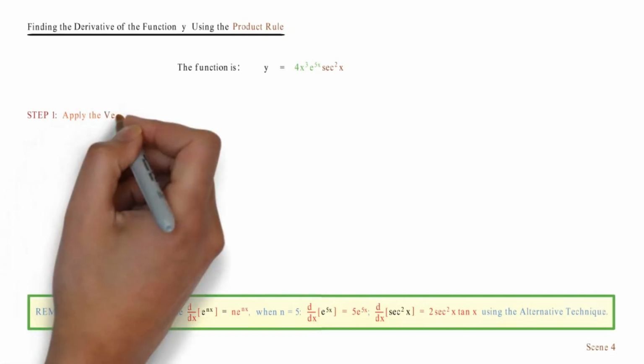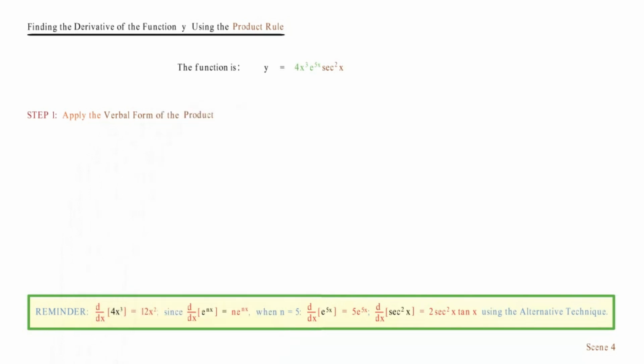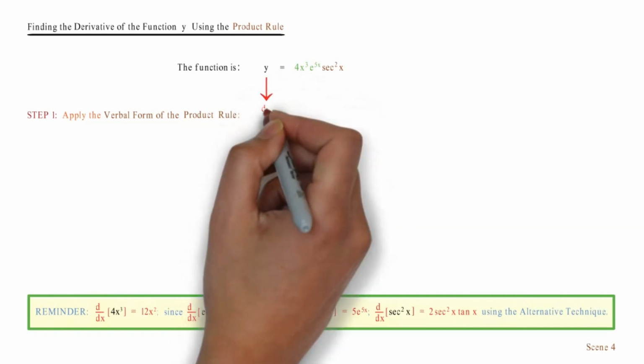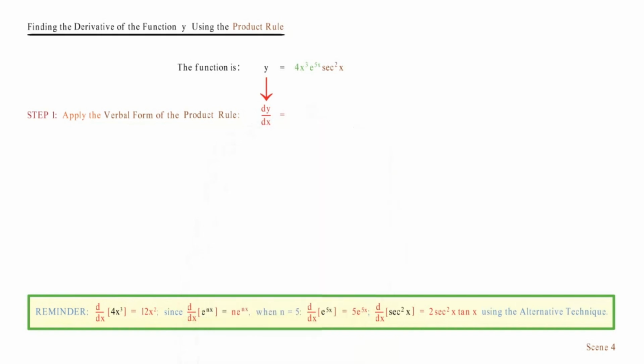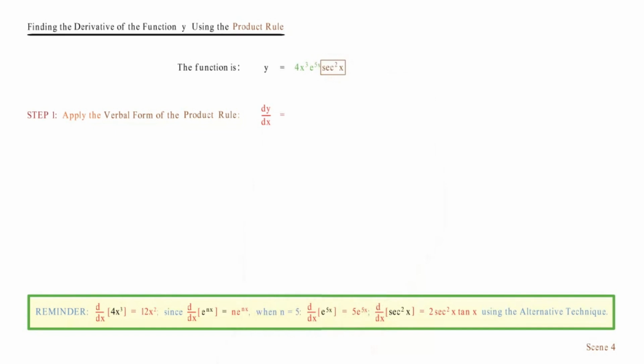Apply the verbal form of the product rule. The derivative of y is dy by dx equals. The second function is sec squared of x, so substitute.